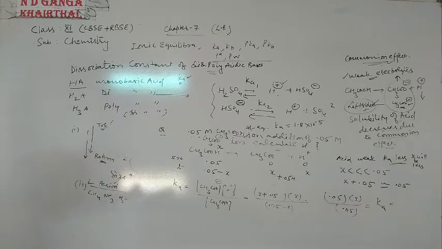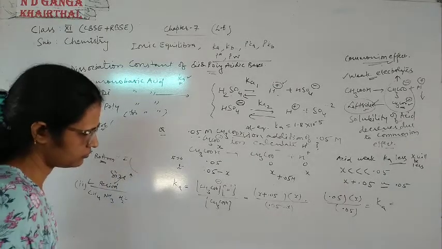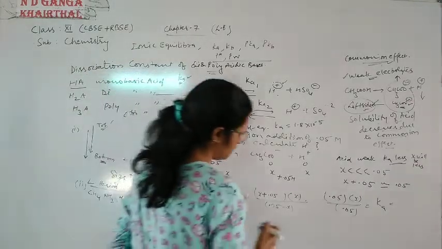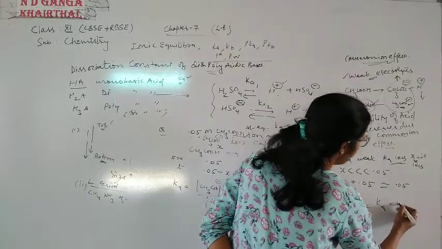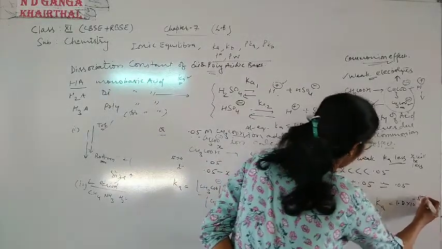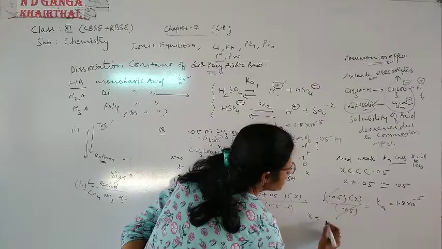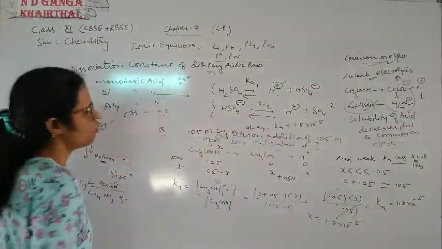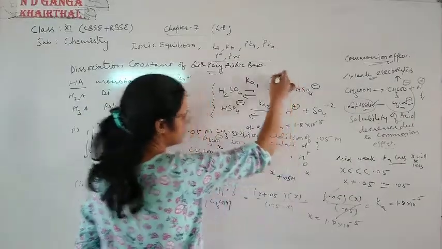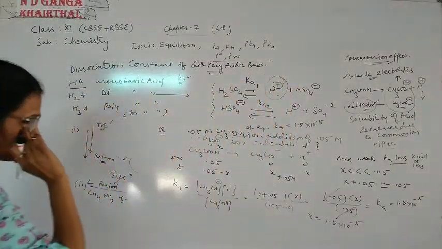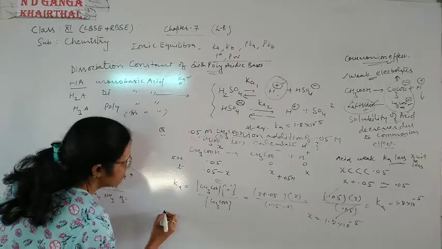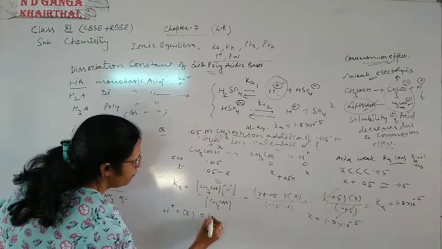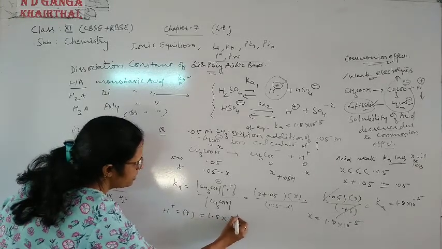It will cancel out, and X will be 1.8 into 10 raised to power minus 5. Okay. What is X? X is this. Clear? So X is the concentration of H ion, so it will be equal to 1.8 into 10 to the power minus 5.